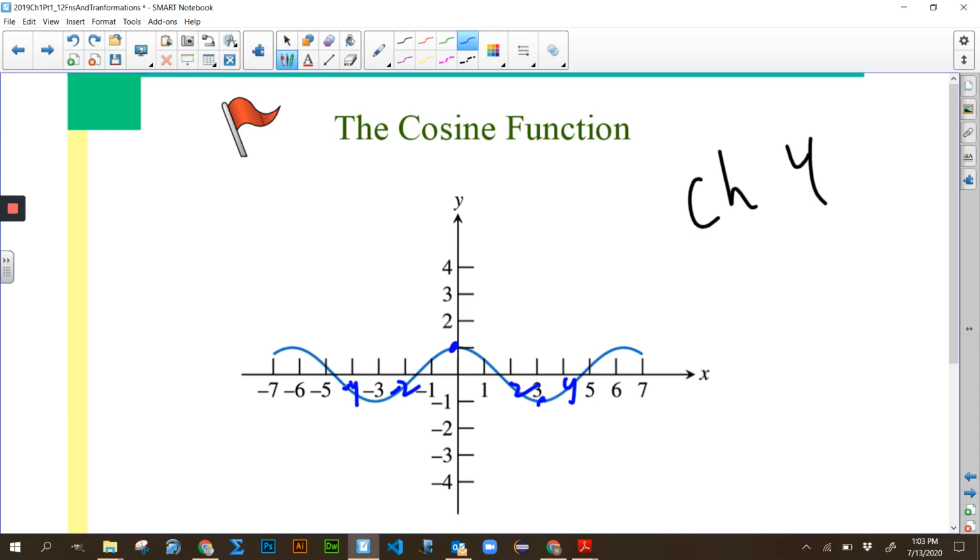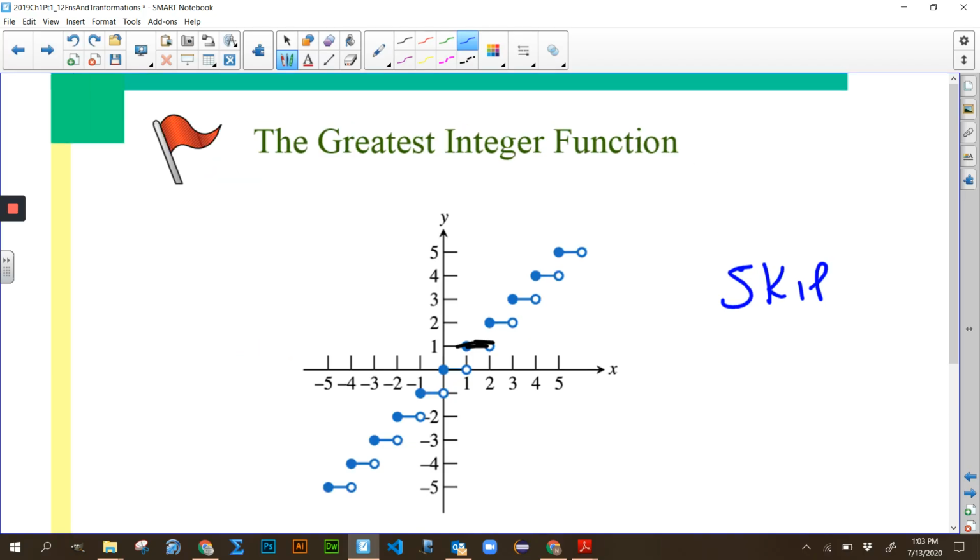Pretty much everything's the same. The only difference is where the high and low points are occurring, but we won't worry about that until chapter 4. We are going to do transformations on these two graphs, but not until chapter 4.